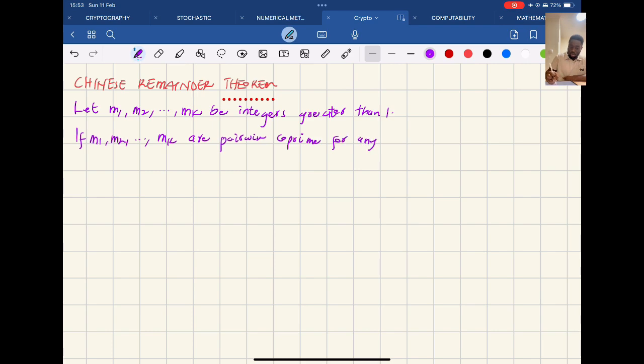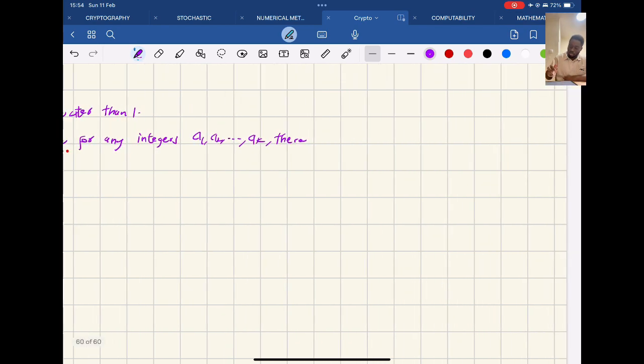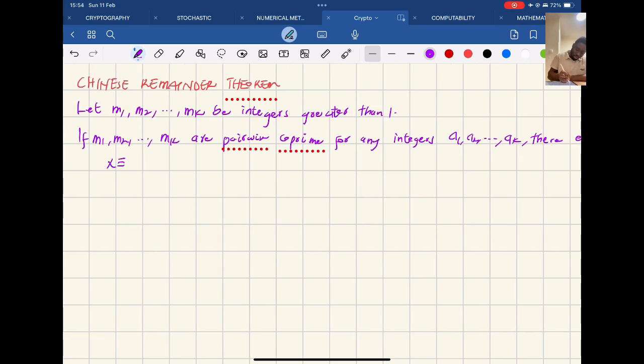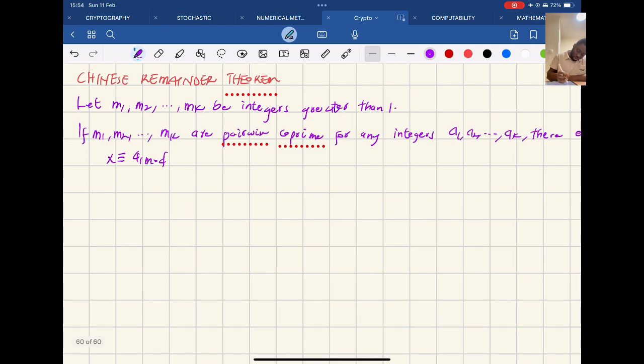then for any integers a1, a2 up to ak, there exists an x such that x is congruent to a1 mod m1, x is congruent to a2 mod m2, up to x is congruent to ak mod mk.